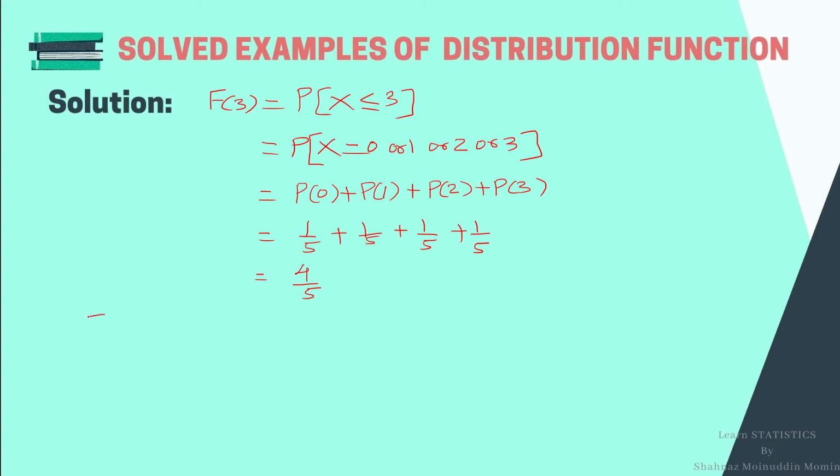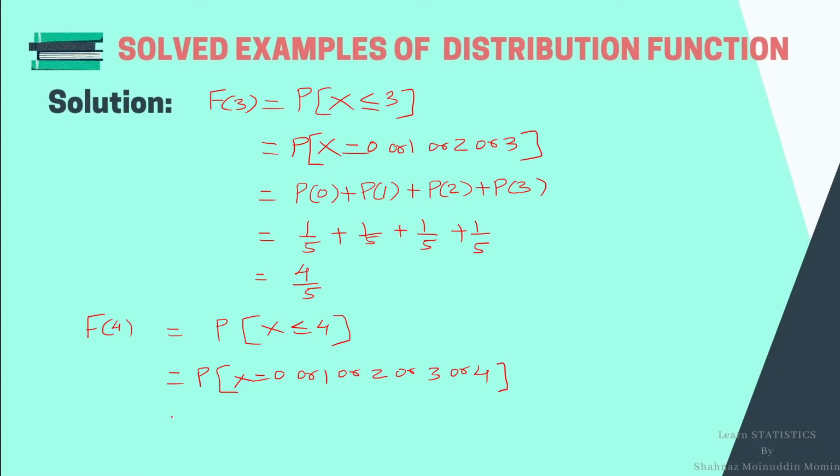And the last value is CDF at x equal to 4, which is probability x less than or equal to 4, which is probability x equal to 0 or 1 or 2 or 3 or 4.